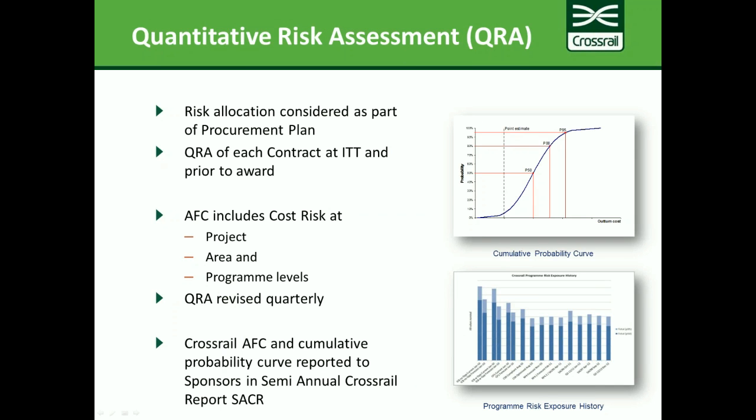And that behaviour around each of the contracts was then played on throughout the contract life, and projects were monitored against their P50, and that was a building block into our overall cost picture. And as I said, Crossrail AFC and cumulative probability curves were reported to our sponsors, and the sponsors engaged very closely in our QRA, both on cost and schedule, and continue to do so to this day.